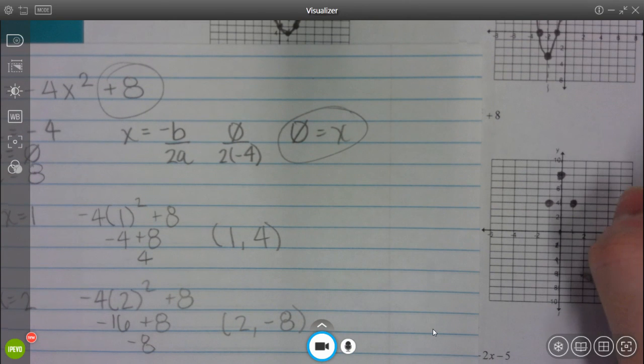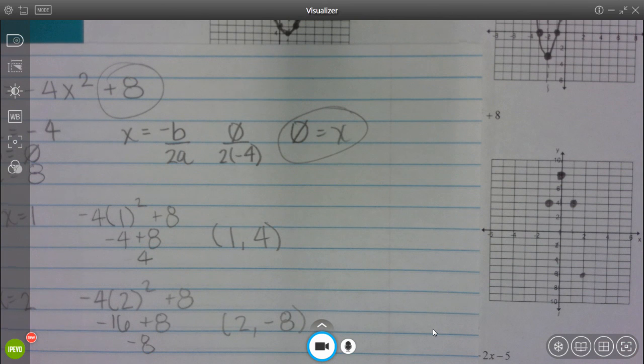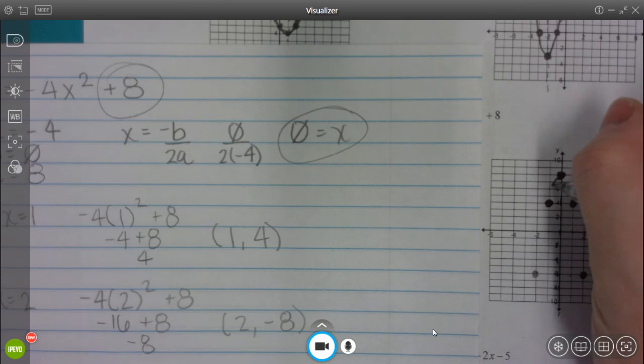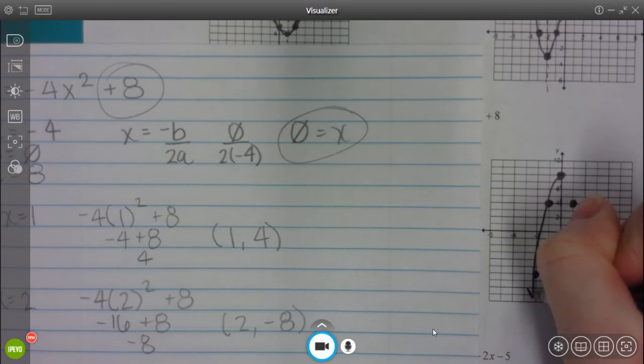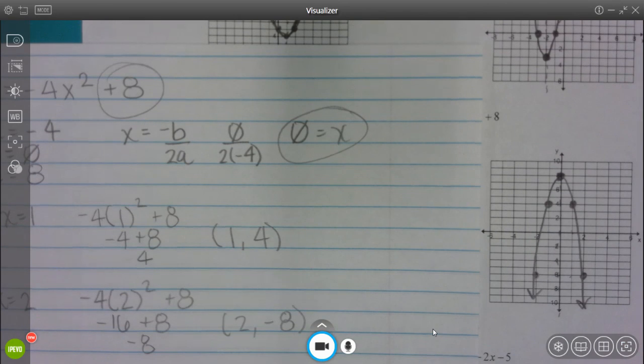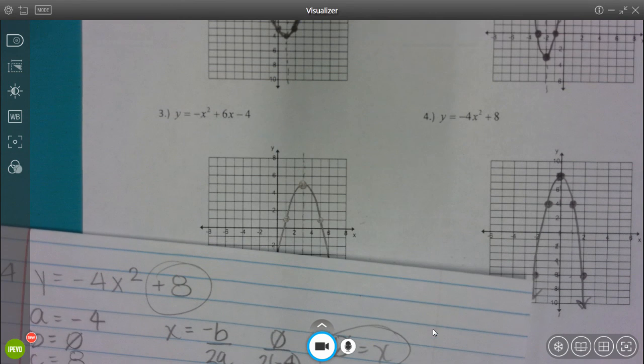So I'm going to go down to negative 8, and I'm going to reflect this over. I'm going to reflect it over here, and I'm going to connect these to the best of my abilities. So that's graphing in standard form.